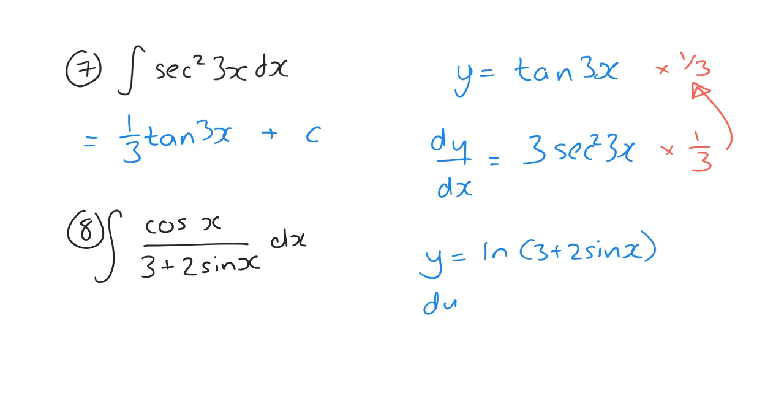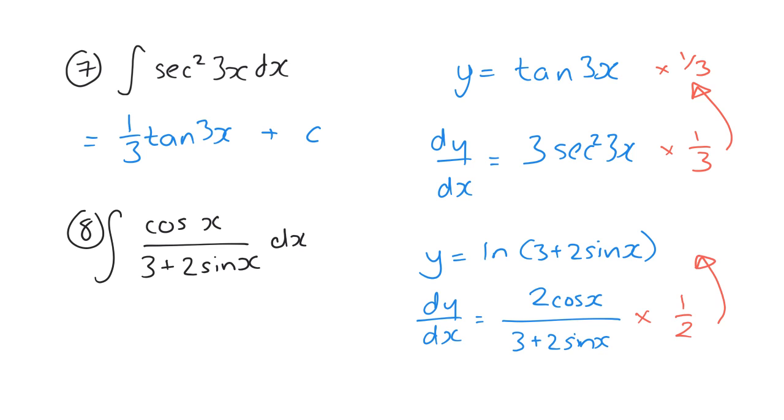So when we differentiate that, we would get 1 over 3 plus 2 sine x, and then we'll differentiate what's in the bracket there. 3 goes to 0, and 2 sine x will give you 2 cos x. So we've nearly got what we want, we just don't want this 2. So times by a half, which means we'll have to multiply our guess by a half. So it's actually a half ln of 3 plus 2 sine x plus c.